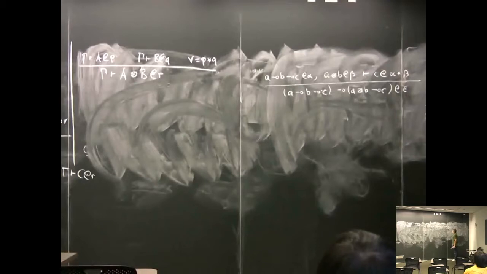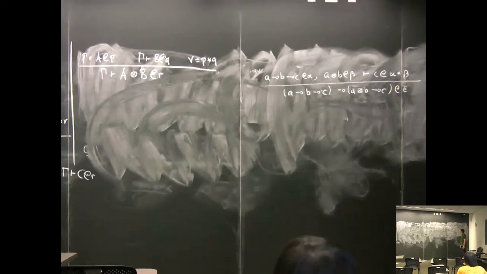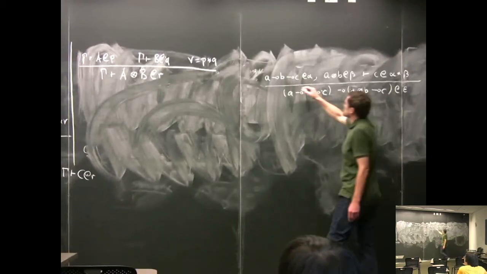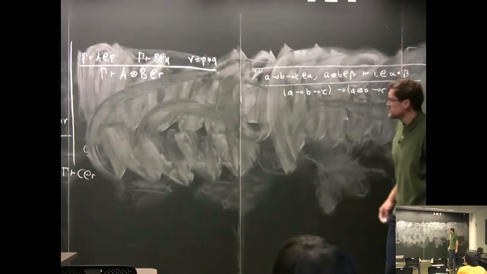Okay. So now how does the proof actually proceed? Right, the tensor left is invertible, so we have to apply the tensor left rule. Does that introduce any non-determinism?